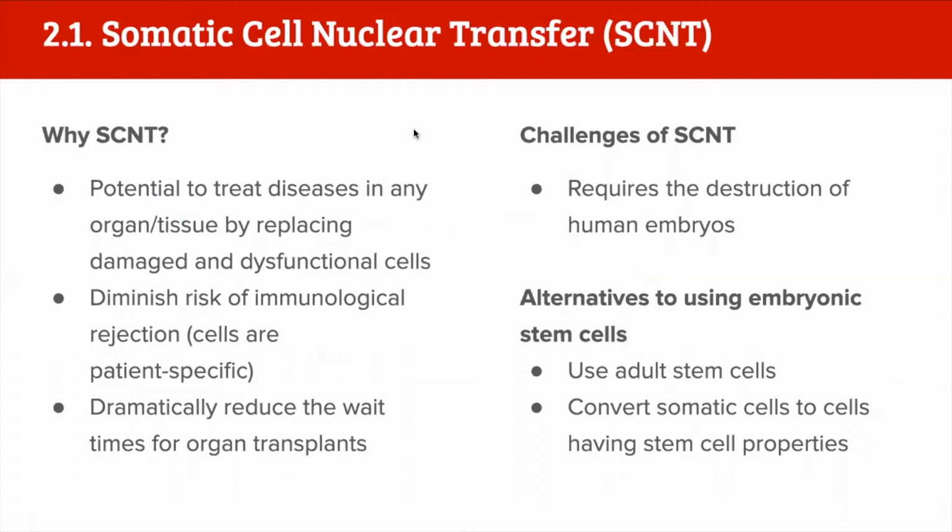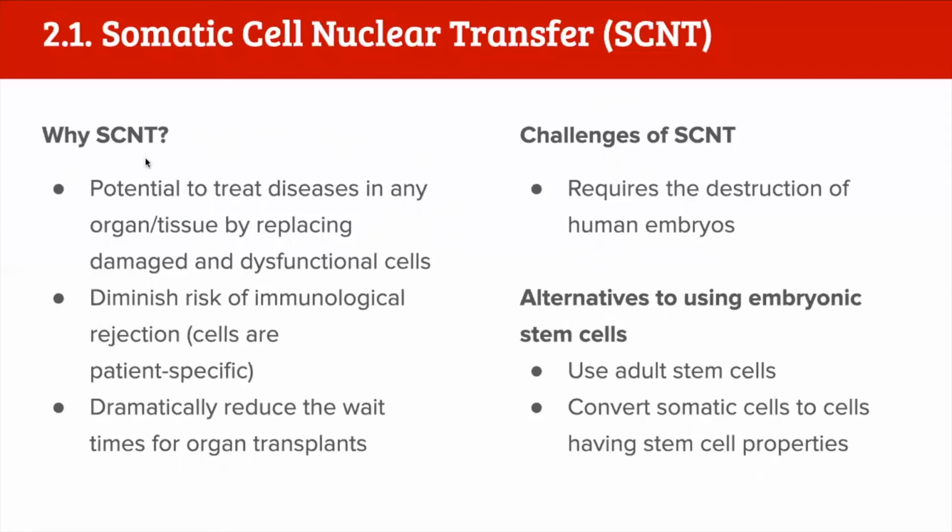So why somatic cell nuclear transfer? This form of therapeutic cloning has the potential to treat diseases in any organ or tissue by replacing damaged and dysfunctional cells. After a heart attack, for example, you can have cells dying in the heart, which you can imagine to be quite detrimental.